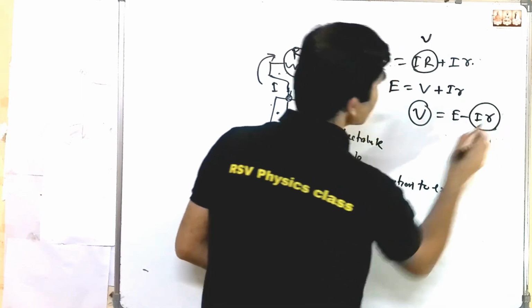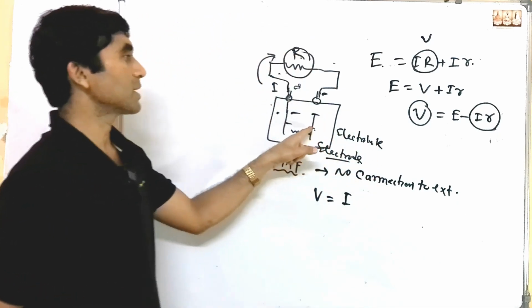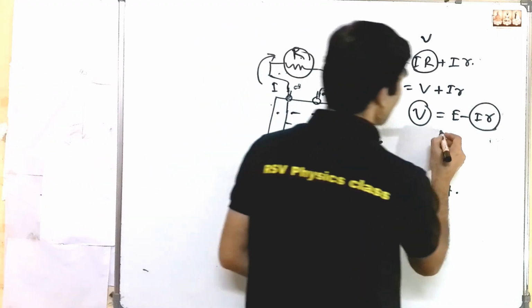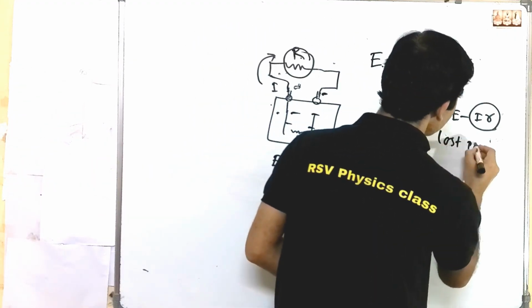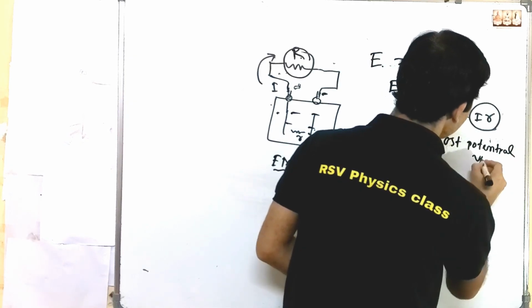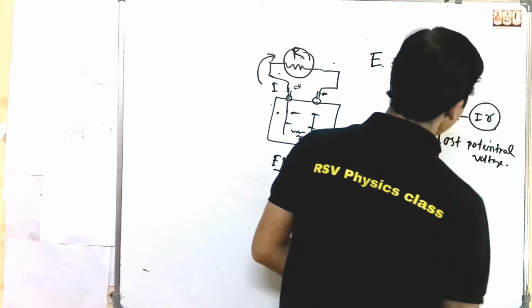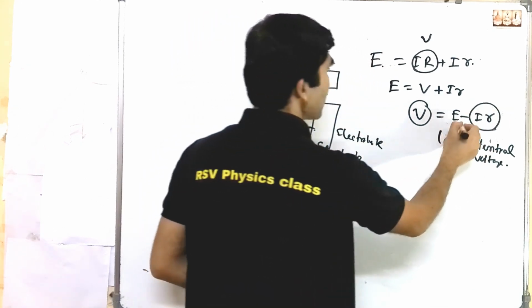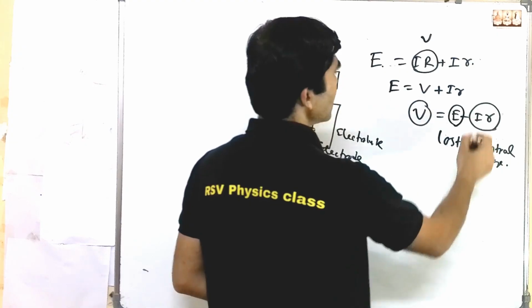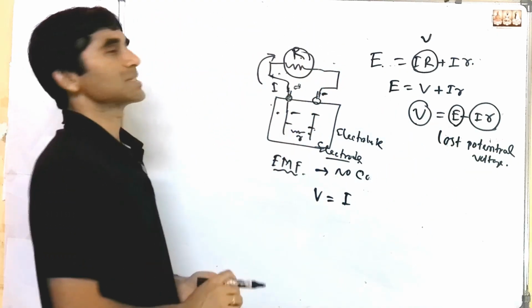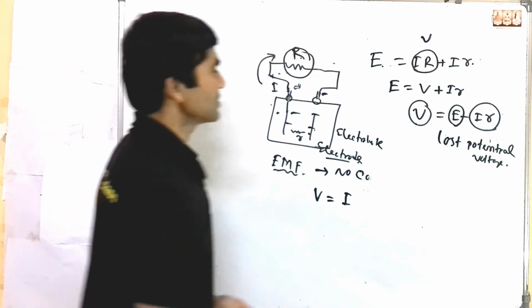This voltage you are not getting due to the cell's internal resistance. That is the lost potential or lost voltage. So lost voltage is the voltage you do not get. So EMF minus lost potential or lost voltage is equal to your actual voltage you are getting across the resistance. Okay, so this is the EMF.